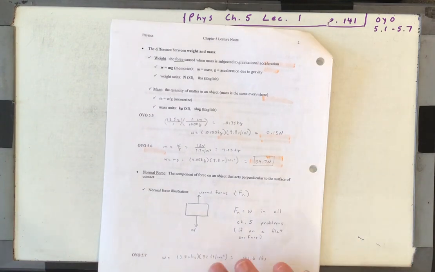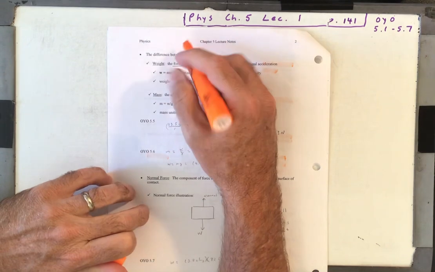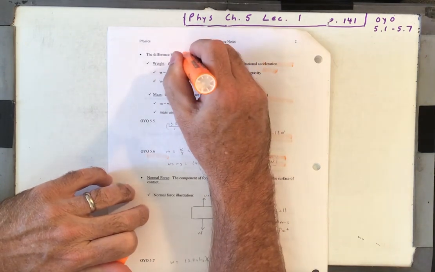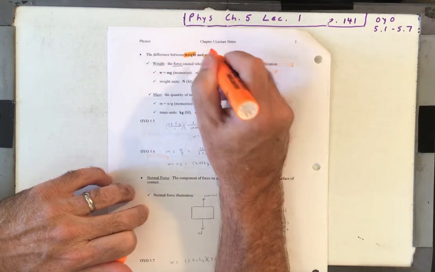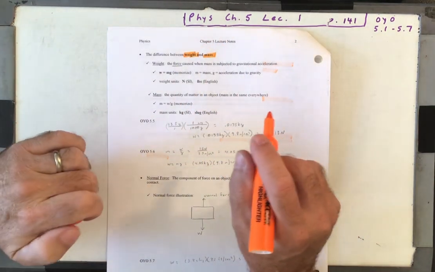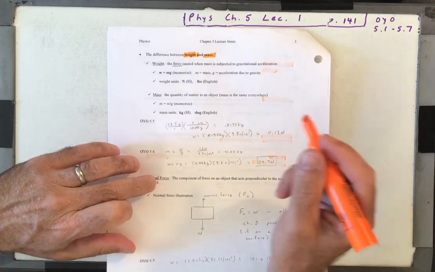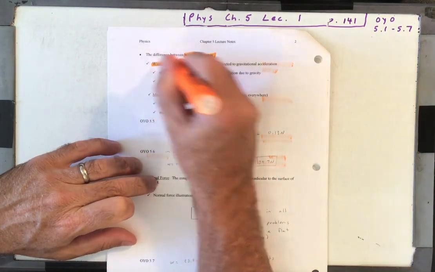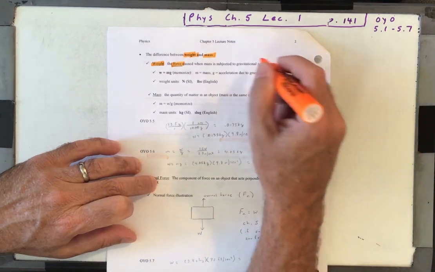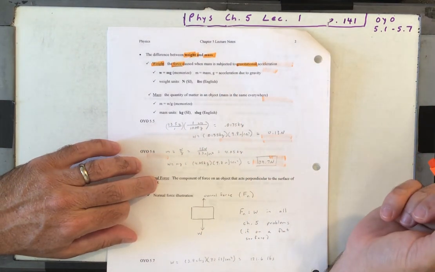All right, the difference between weight and mass. In chemistry class, if you had me for chemistry, we kind of didn't really differentiate between weight and mass. But there is a difference. It's a big difference. Weight is the force caused by gravity.